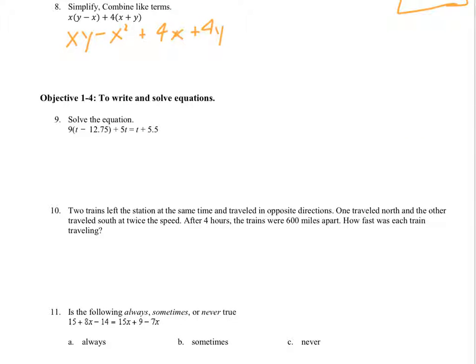Alright, for number 9, we're solving the equation. I would begin by distributing the 9 into those parentheses, and we get 9t minus 114.75 plus 5t equals t plus 5.5.